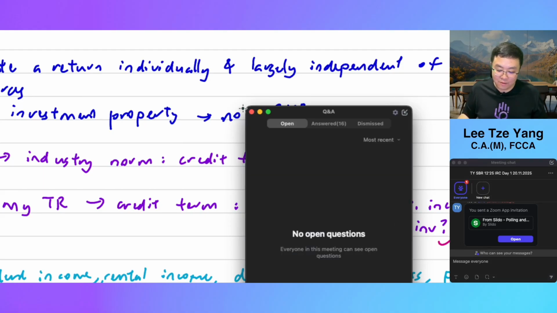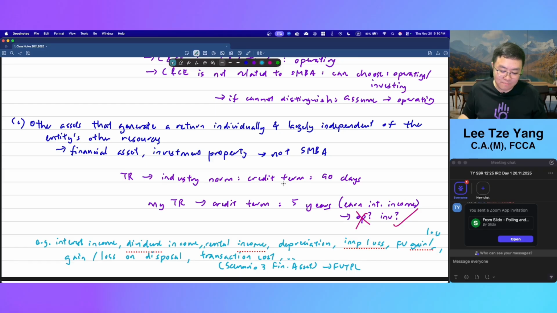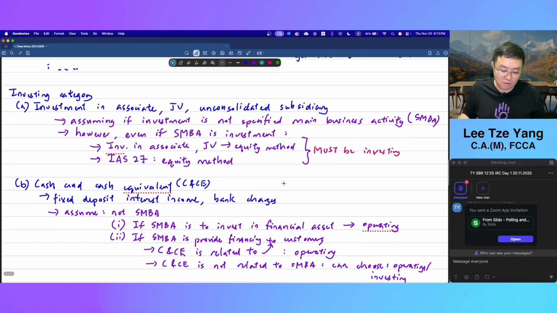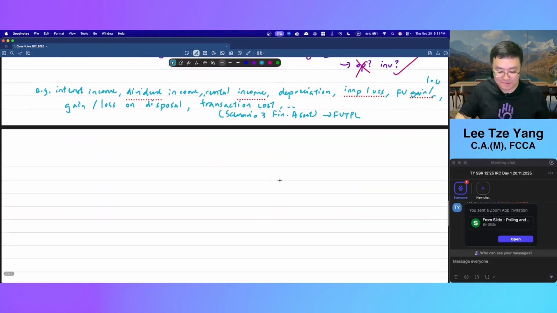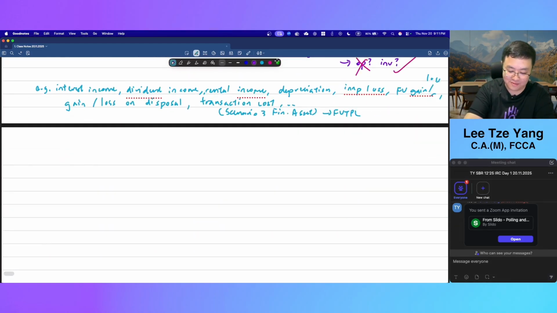By the way, everyone, I also want to let you know that what I'm teaching you here is the SOPL, not the SOCF. The statement of cash flow is different; it defines investing differently. Since that question reminds me of the statement of cash flow, I should talk about this.